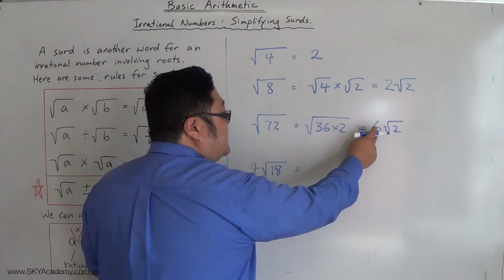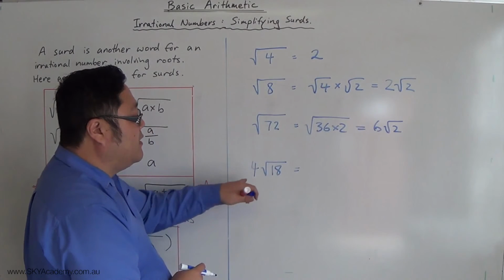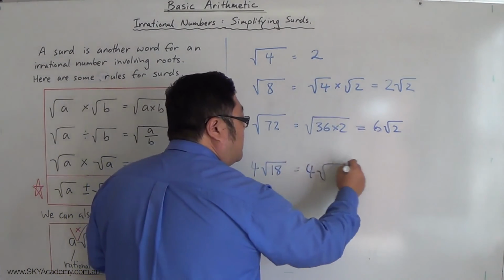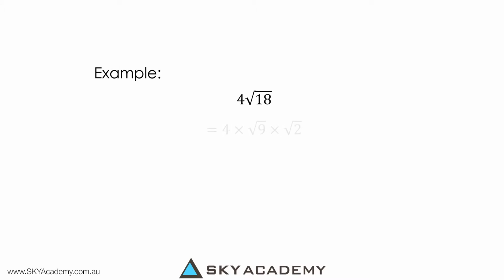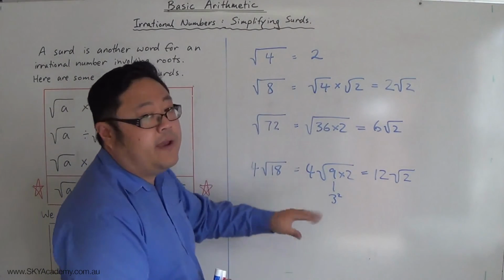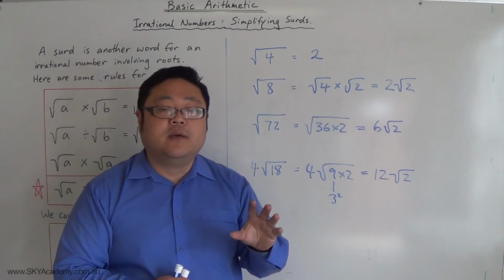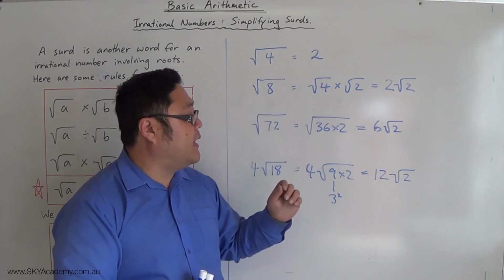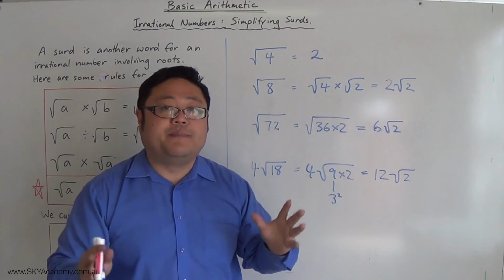This surd here can be expressed as 4 root 9 times 2, and the square root of 9 is 3. So 3 times 4 will give you 12, so the answer is 12 root 2. So you need to be aware of how to simplify surds, because simplifying surds is the backbone of how to do all other types of surds.